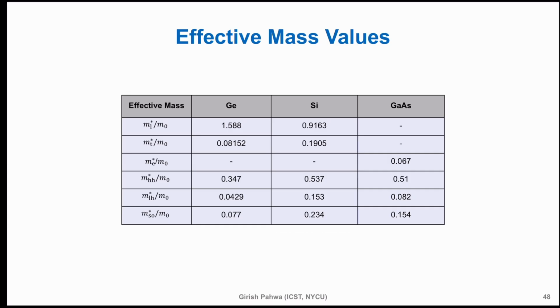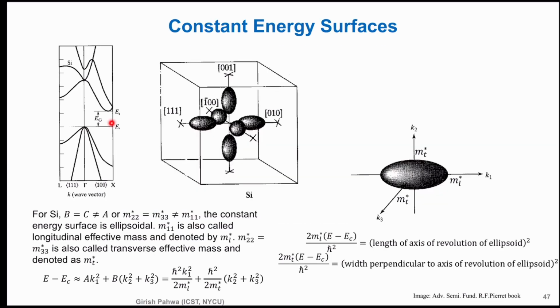Let's go back a bit. You see this, now you have one branch. Actually, these are two branches. They are overlapping. So there is one branch and there is also a second branch here. And then you have another very distinct branch. So at the same gamma point, you have actually three branches.